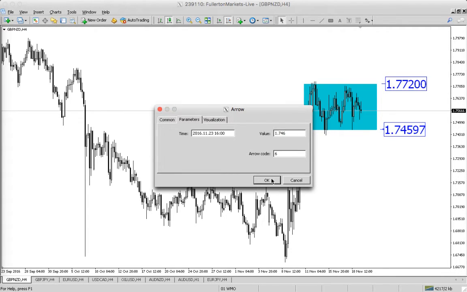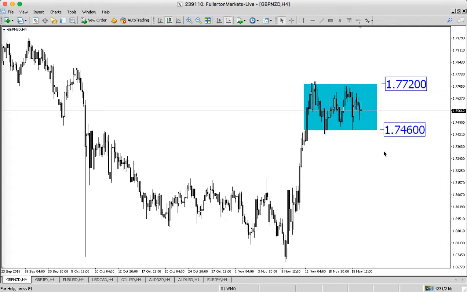The immediate support and resistance for this consolidation, for your reference, are 1.7720 and 1.7460. For this week, there is not much data that will really impact this pair. So I do expect the price to be range bound within this support and resistance.